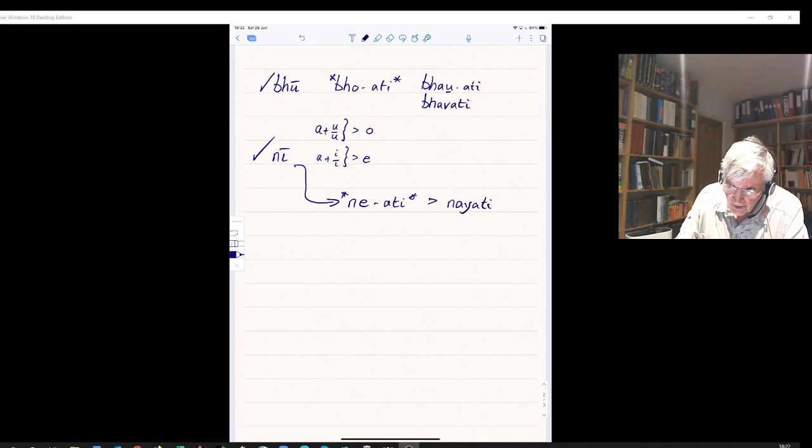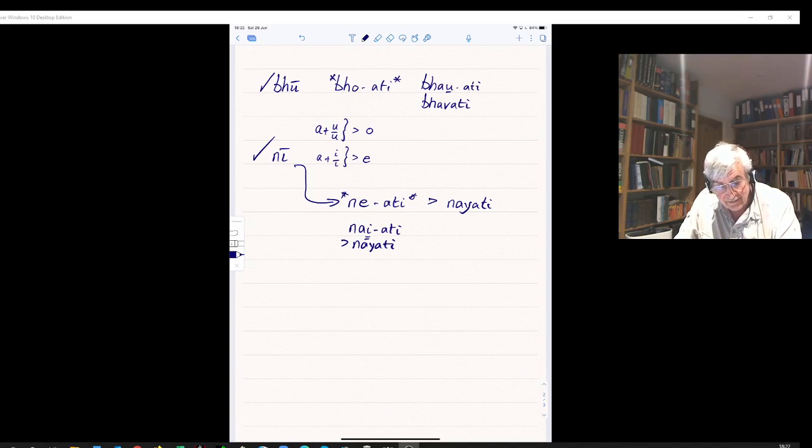So the ne followed by ati, it's notionally ne-ati, becomes, so the e goes to its semi-vowel, nayati. That is how ni, with the non-existent form with guna ne-ati, resolves to nayati, just like bhu, bho-ati, non-existent, resolves to bhavati.